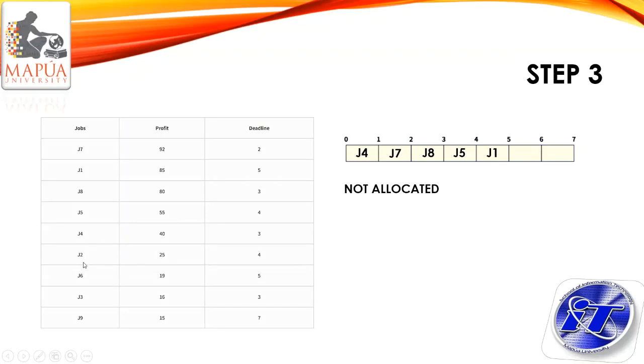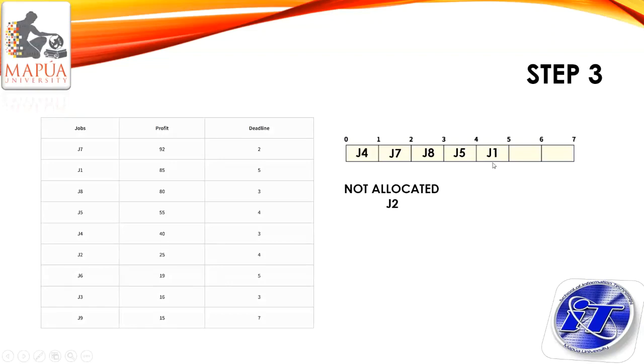Then J2, deadline is 4. But unfortunately, slots first to fourth are already filled up, so J2 will not be allocated. How about J6? Deadline is 5.